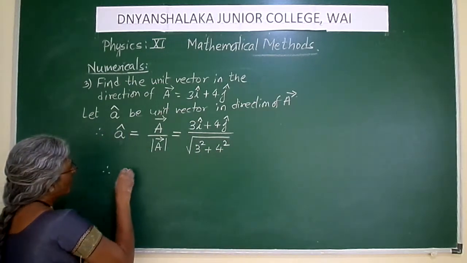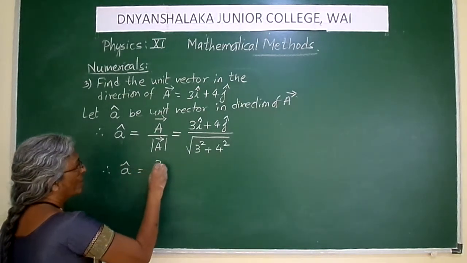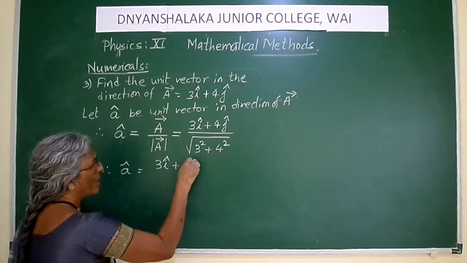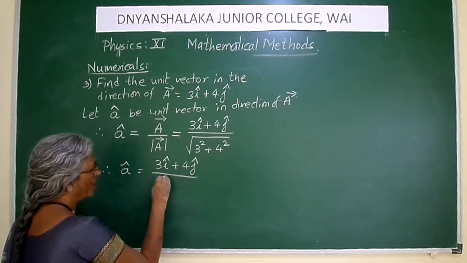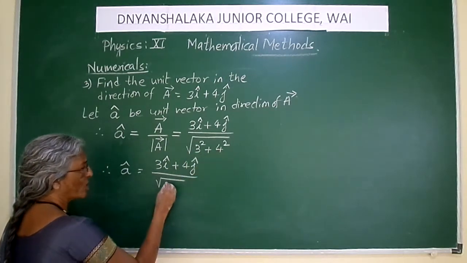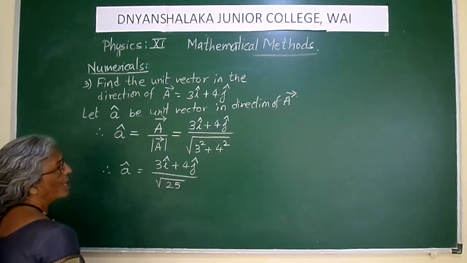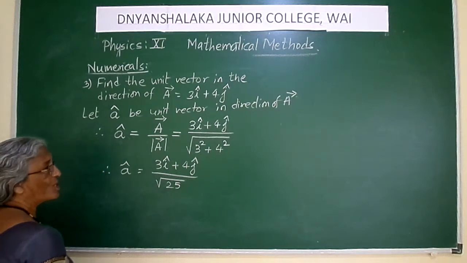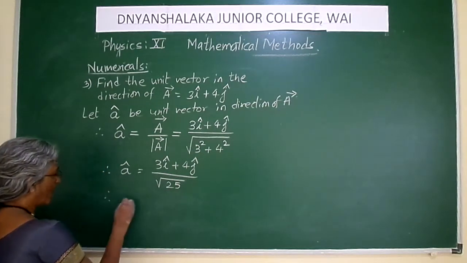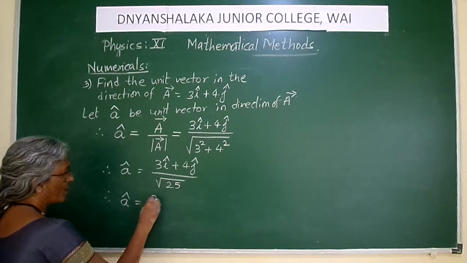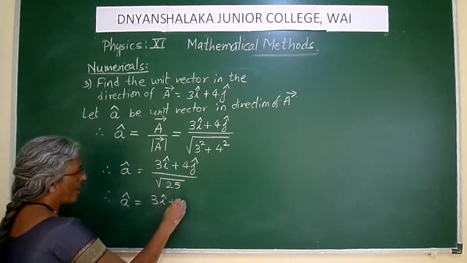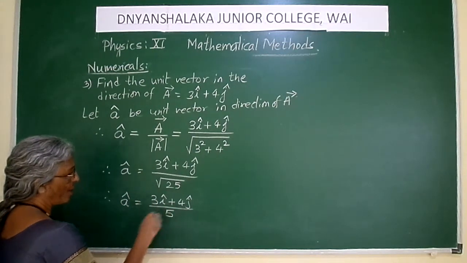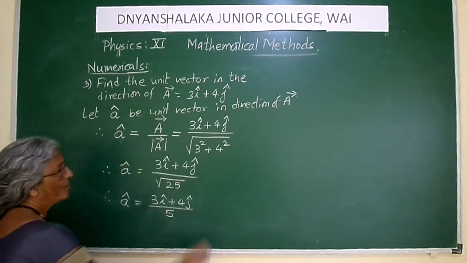So A-cap will be equal to 3i plus 4j upon square root of 9 plus 16, that gives me 25. So A-cap is equal to 3i plus 4j upon, under root 25 will become 5.